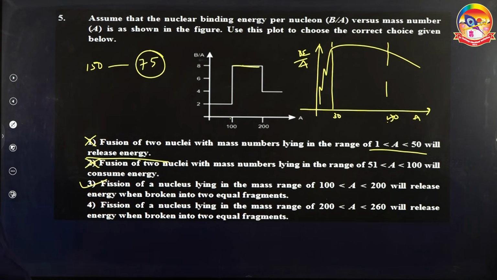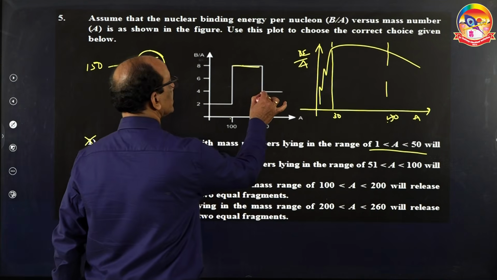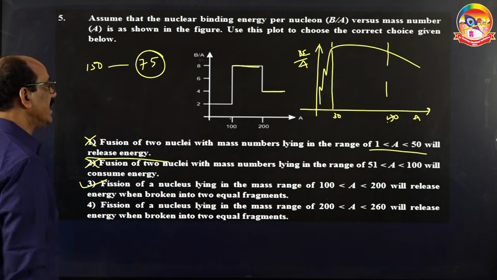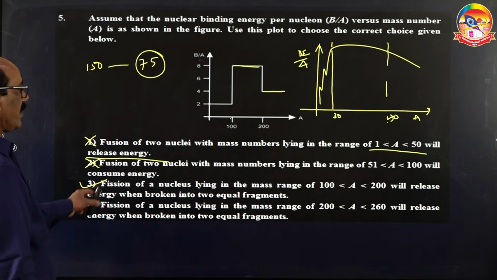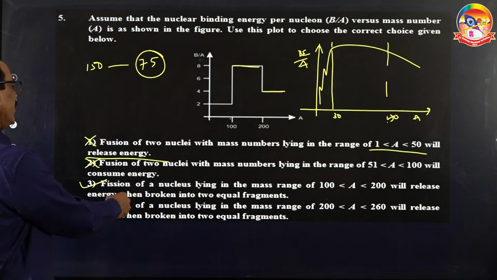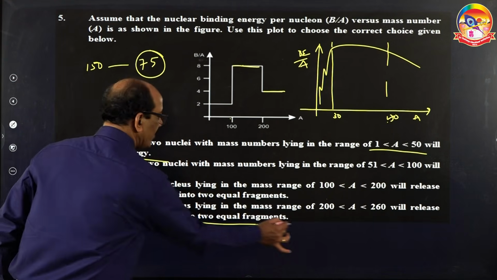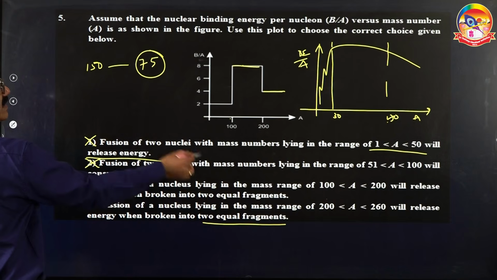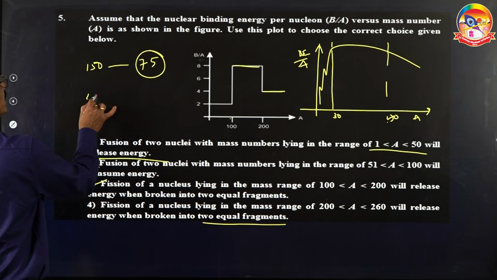Okay. Now let us talk about the fourth option also. Fission of a nucleus lying in the mass range 200 to 260, splitting to give two equal fragments. Let us check 240.